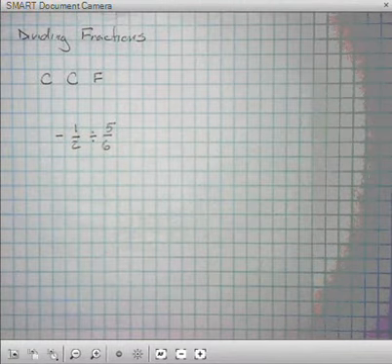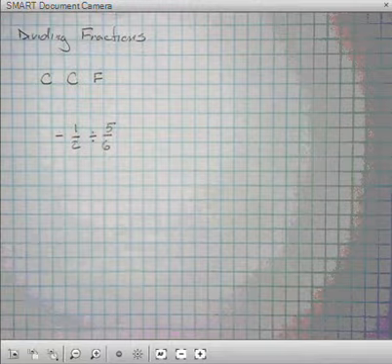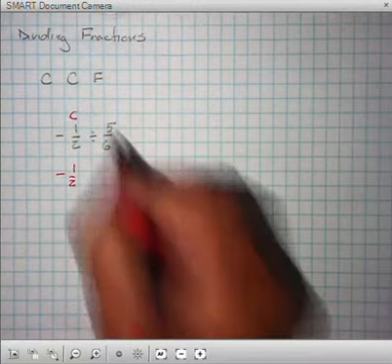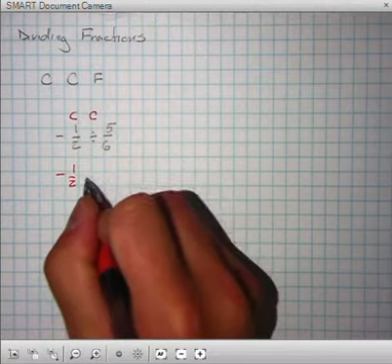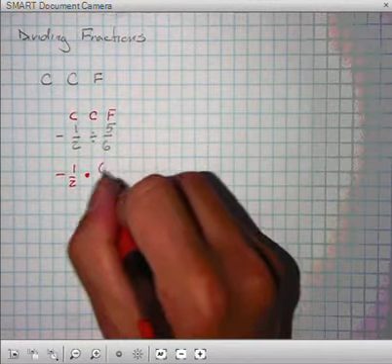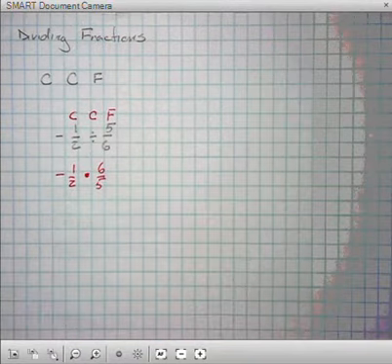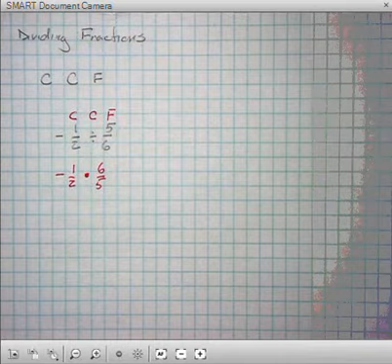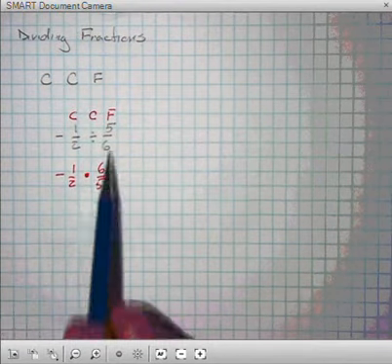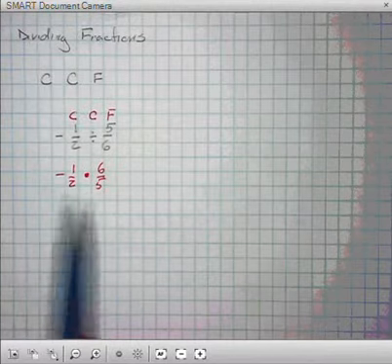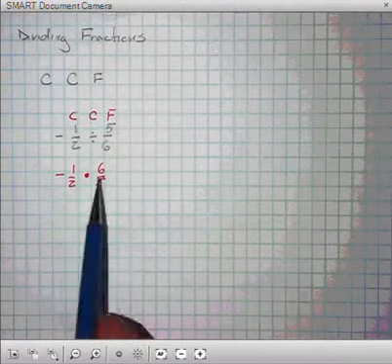Now, in order to divide that fraction, we're going to copy our first fraction, negative 1/2, change our sign from division to multiplication, and flip our second fraction. What is flipping that fraction called? Anybody remember? It is the reciprocal. We find the reciprocal of our second fraction.